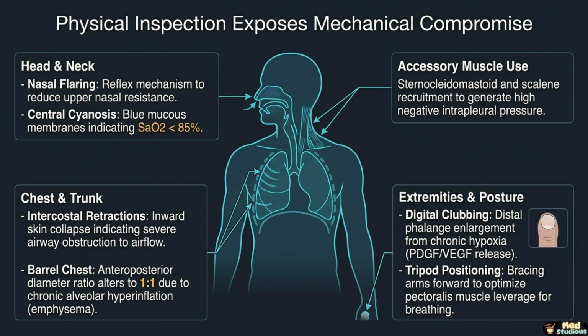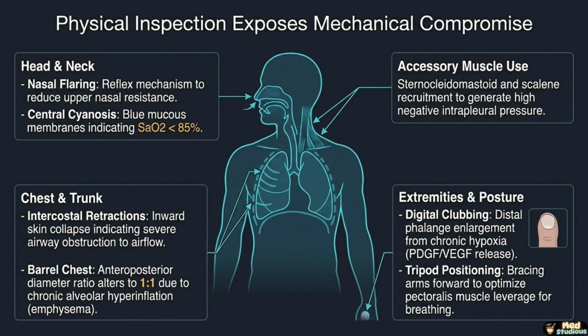Over time, conditions like emphysema can produce a barrel chest, where chronic alveolar hyperinflation literally reshapes the thoracic cavity, pushing the front-to-back diameter ratio toward a 1-to-1 shape instead of the normal flatter profile. Accessory muscle use is another major clue. Recruitment of the sternocleidomastoid and scalene muscles in the neck signals the body is generating extra negative intrapleural pressure just to move air.